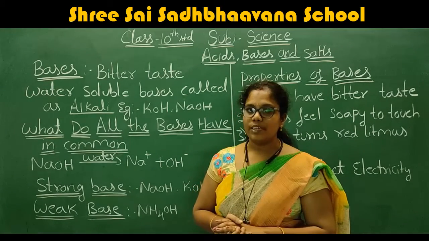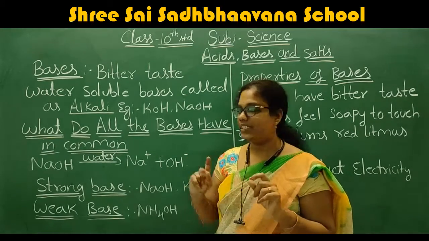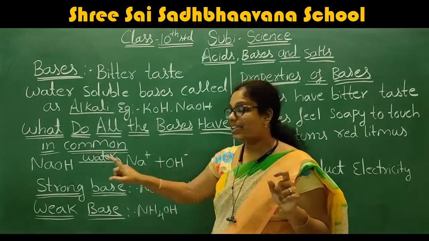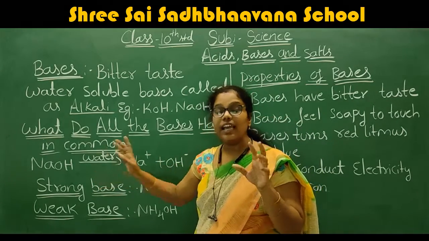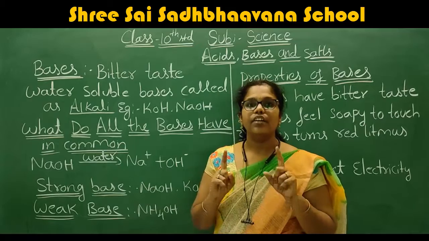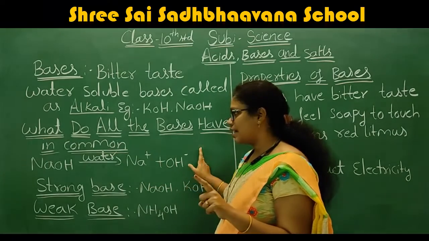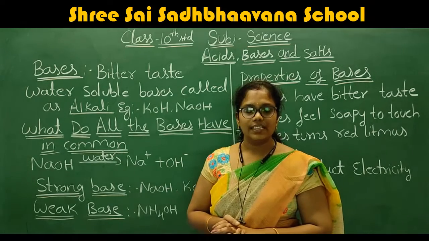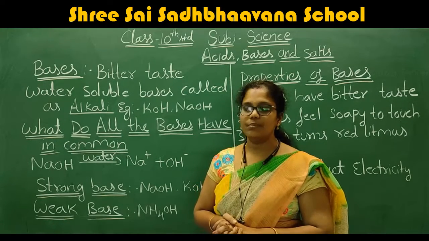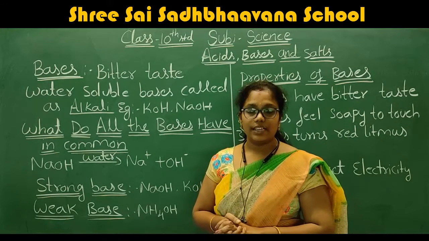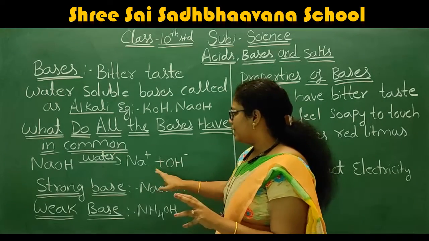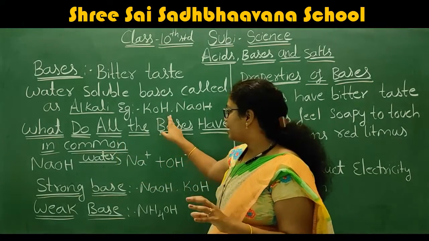NaOH, sodium hydroxide, ionizes to form Na plus and OH minus. Understood? After NaOH, take the example of KOH.